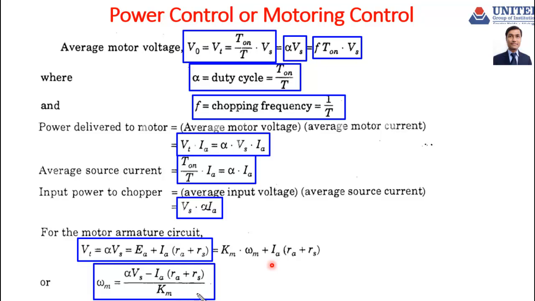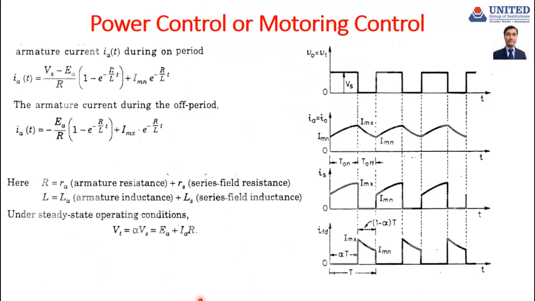From this equation it is clear that by varying the duty cycle alpha of the chopper, the voltage across the armature can be controlled, and therefore the speed of the DC motor can be controlled. Now next let us see the case when the load is not highly inductive, then the armature current will not be ripple free.